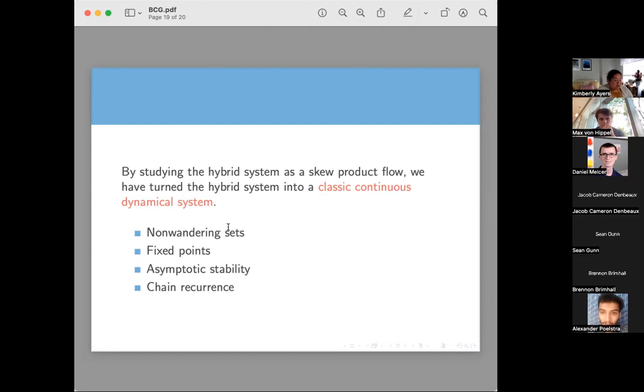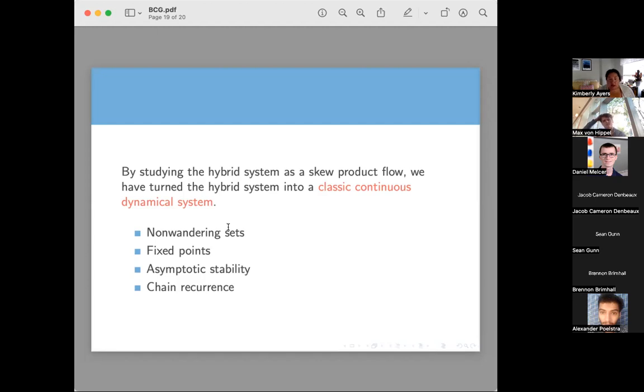And one thing that I did for my PhD work was I thought, okay, it's really great that we can study this as a product, but the skew product was a little bit unwieldy, right? Everywhere I go, I have to look at pairs of things. I have to deal with things on a product space all the time.